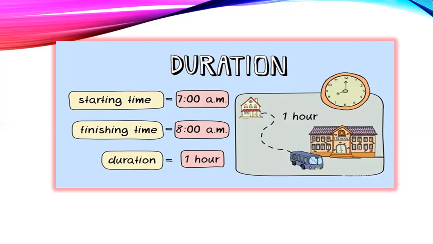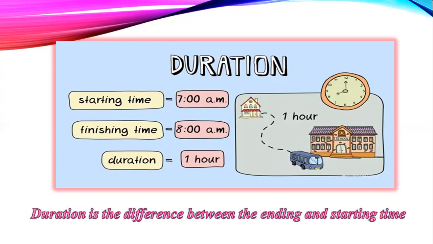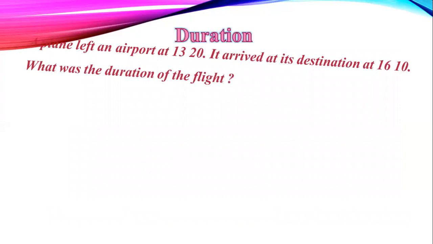So, it took 1 hour to reach the school. This means the bus took 1 hour to reach its destination. As stated earlier, duration is the difference between the ending and starting time. Moving on to one more problem of duration.